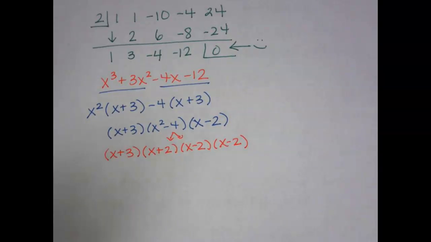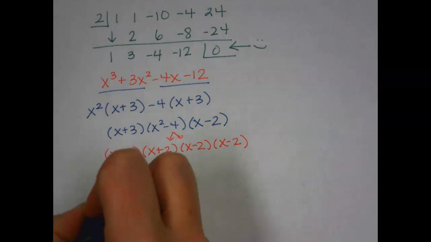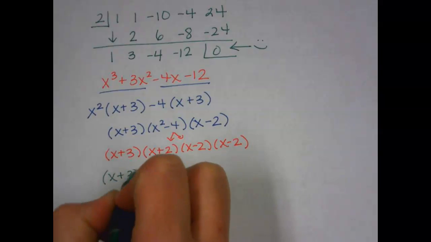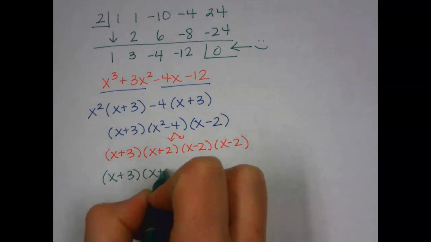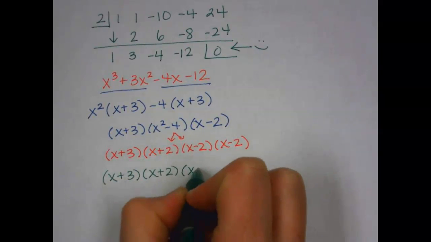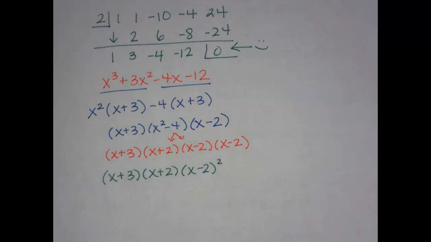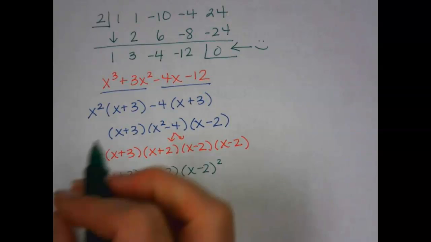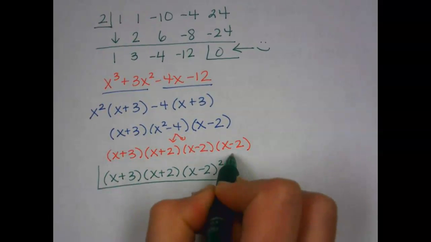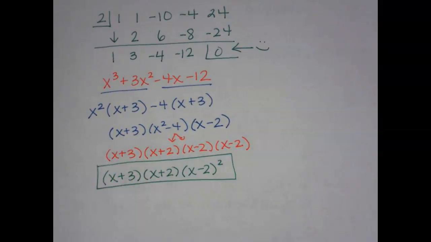Now if you ever have factors that are the same, you want to combine them with exponents. So we would have x plus 3, x plus 2, and then x minus 2 squared. And that would be the complete factorization of that original polynomial using synthetic division.